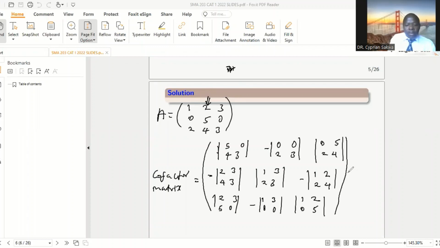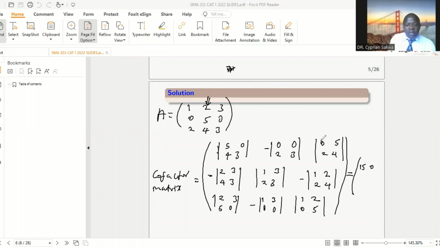So what do we get as the cofactor matrix? Just write it here. This will be 15 minus 0, which is 15. This will be 0 minus 0 times this negative, which will be 0.